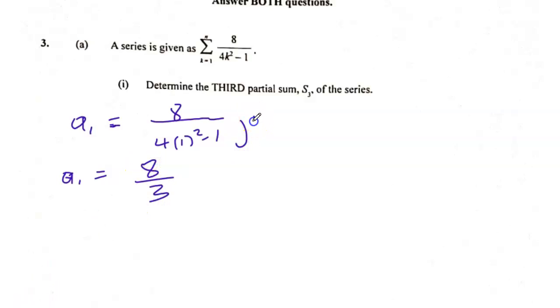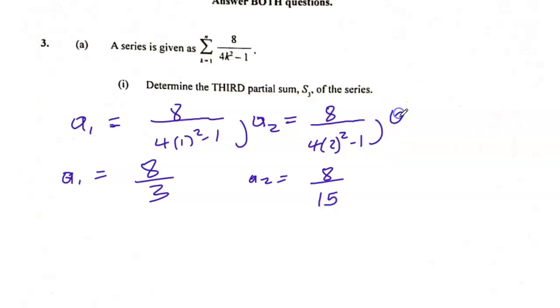I'll get the second term, call it A2, by replacing the k with 2, so it'll be 8 over 4 times 2 squared minus 1. So this becomes 8 over, now 2 squared is 4, 4 times 4 is 16, 16 minus 1, 15. So the second term is 8 over 15.